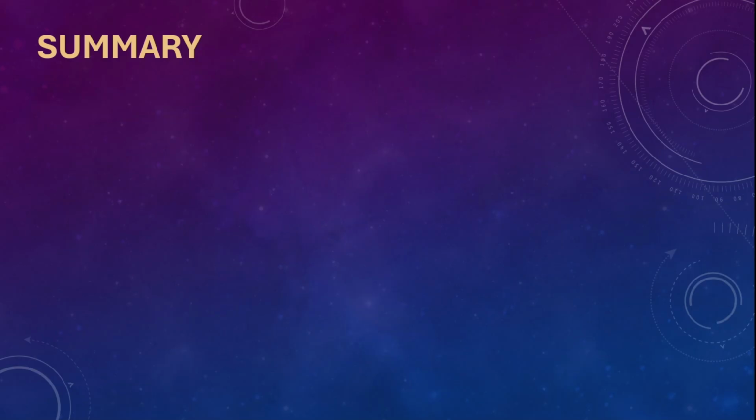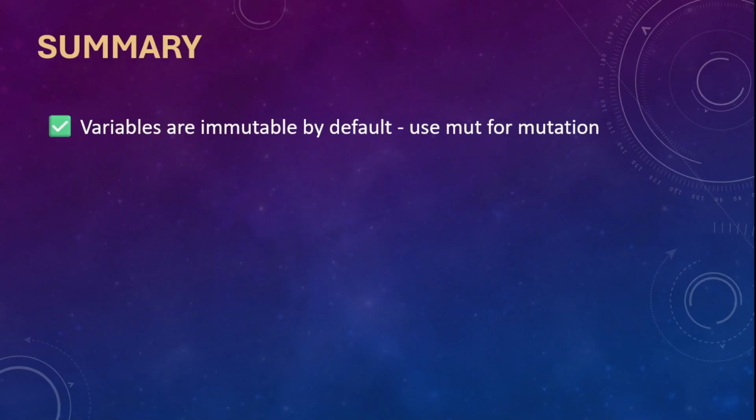So now it's time to conclude this. Today we learned that variables are immutable by default, and for mutability, we have to either use the mut keyword for mutation, or we have to use shadowing.